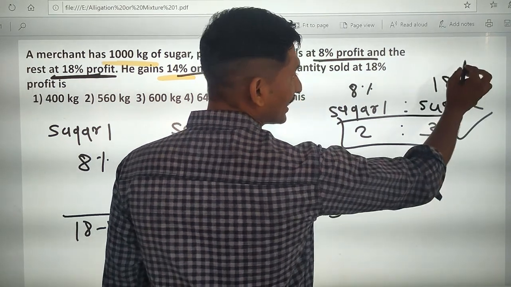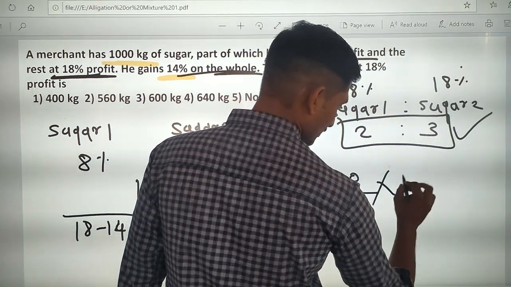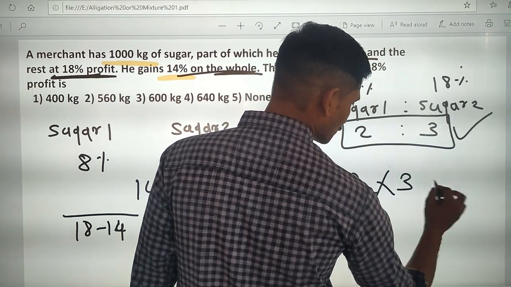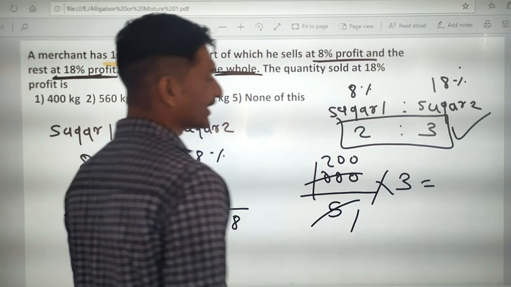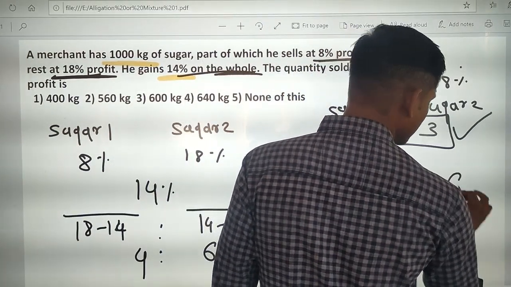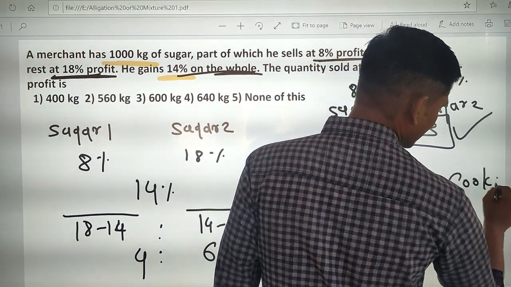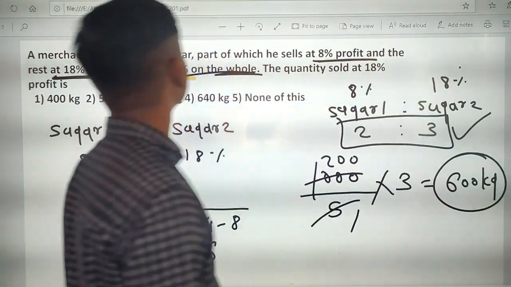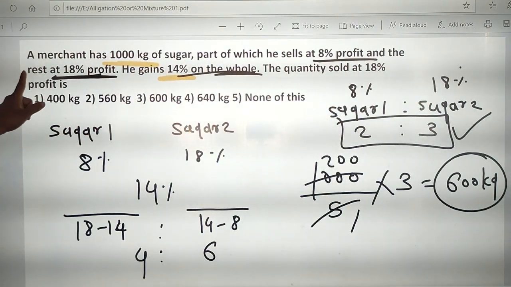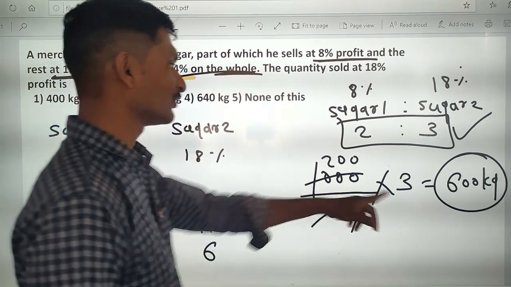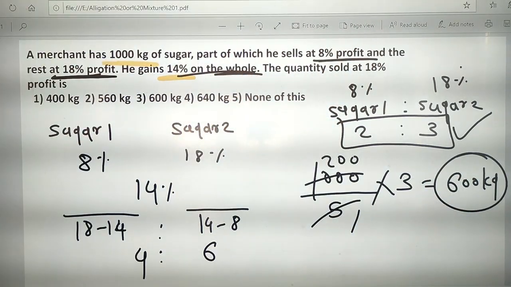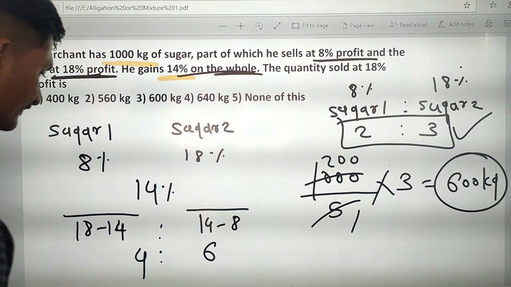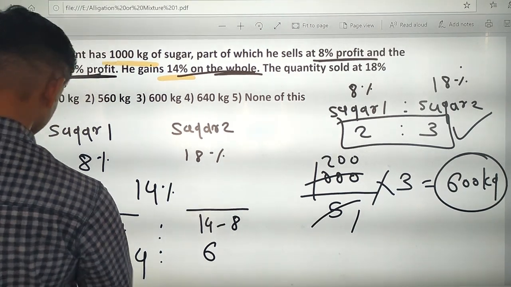The 18% profit sugar has proportion 3. So 200 into 3 is 600 kg. The 18% profit sugar is 600 kg. Now next.